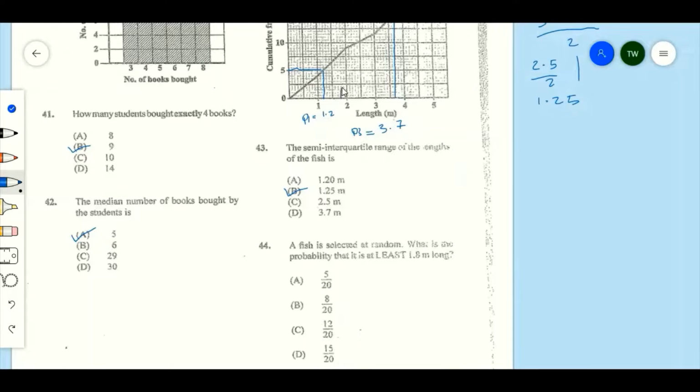This would be about 1.8, and we're going to go up, and then we're going to go across in a straight line. My line is not so straight, right? And we're going to take off the reading.